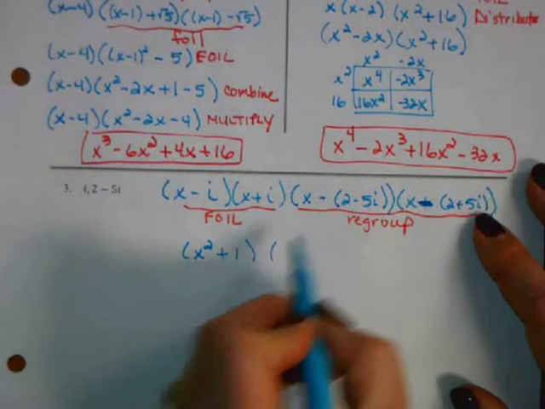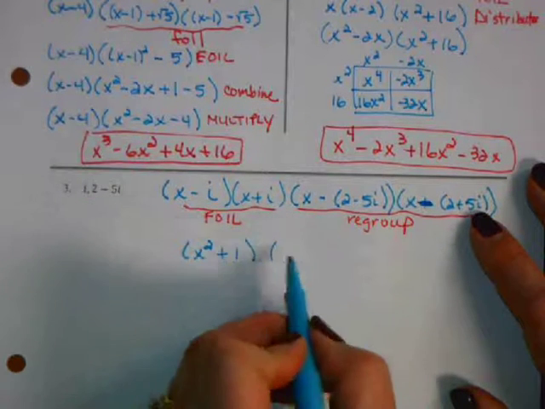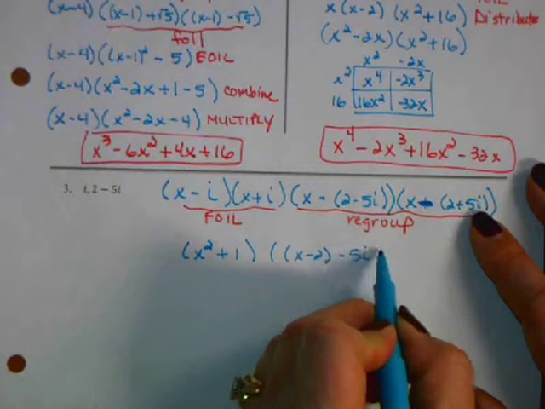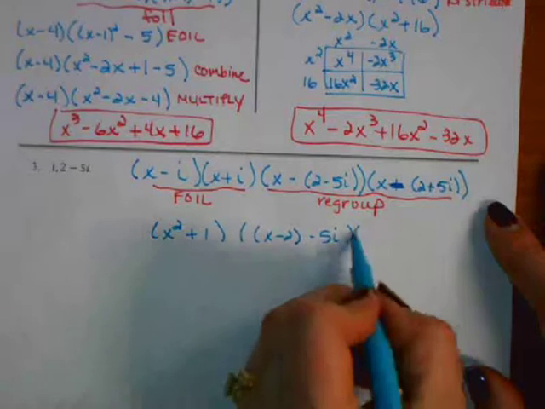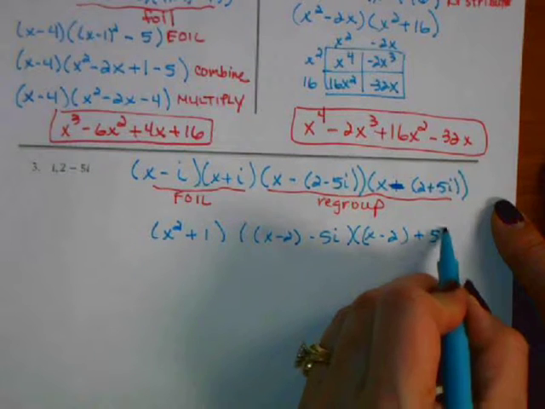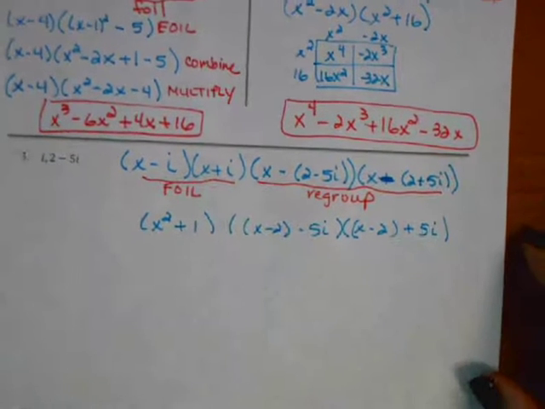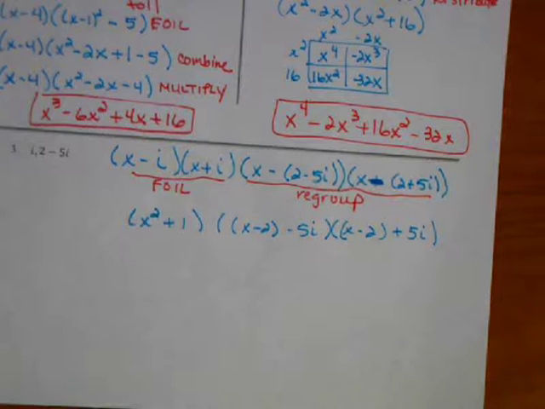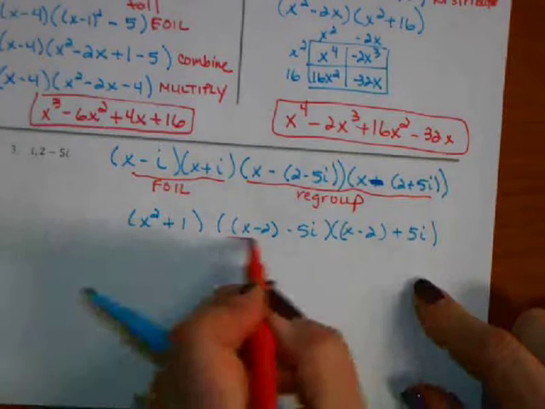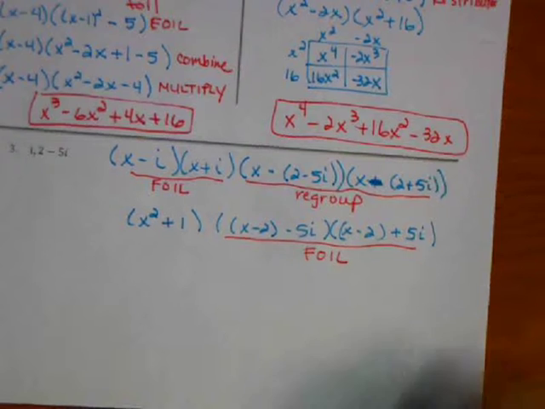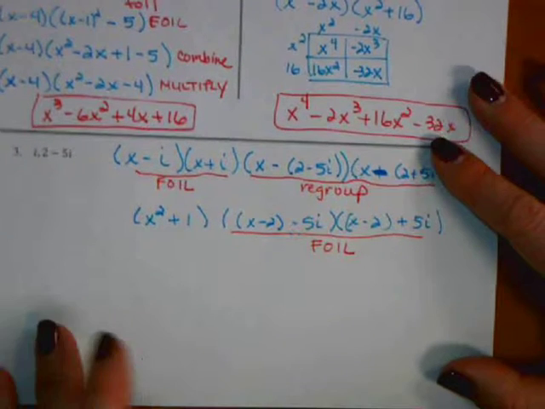All right, I'm going to regroup these now. I'm going to group x minus 2 together, minus 5i, and group x minus 2 together, plus 5i. And it just makes it easier to get rid of that i. So then you FOIL these, kind of like what it was up above.